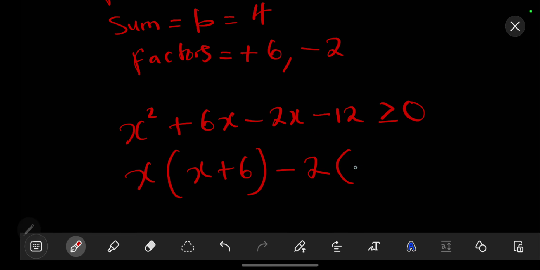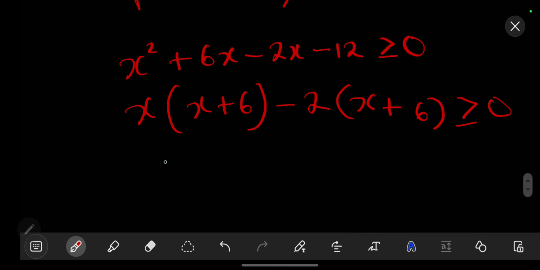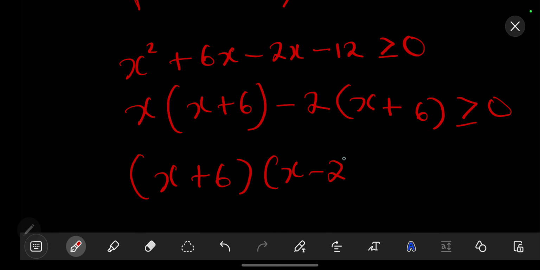If we factorize 2, we remain with x, and since this is negative, it cancels with this, so we have positive 6. This should be greater than or equal to 0. Take the brackets: x plus 6, then another bracket, x minus 2, should be greater than or equal to 0.